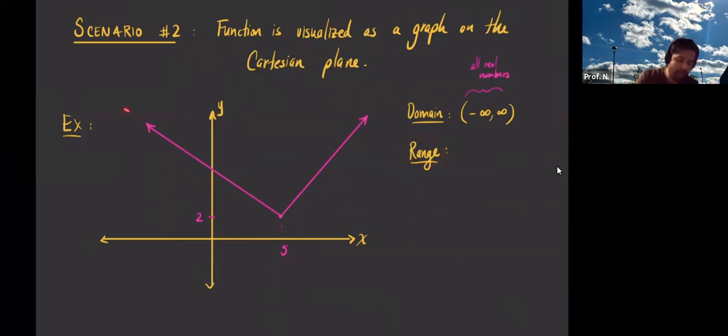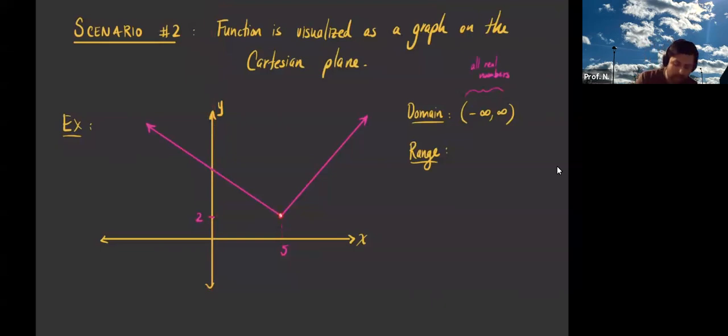Now, if you notice, for the y values we have to look at this axis. We don't care about the other axis now because we're looking at the range. If you look at the y-axis, you notice that this also goes up to infinity, right? So my y values go all the way to infinity. But there's a certain point where my y values never get below a certain value.